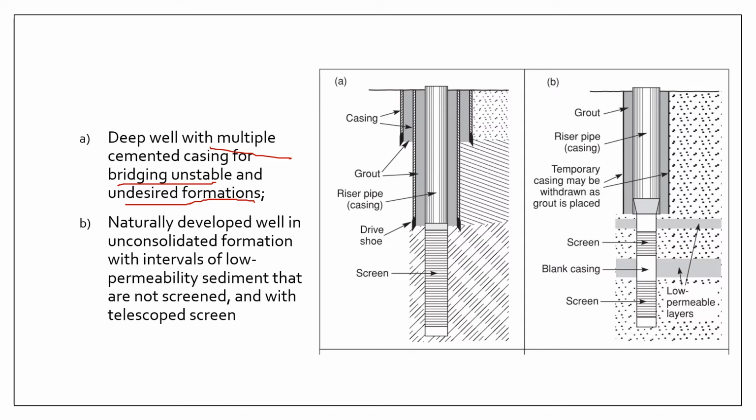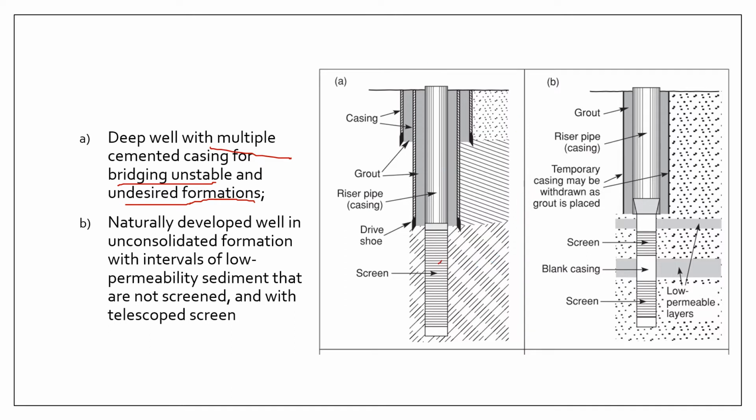So to show you, this part is your casing and your undesirable formations, and this lower part is your aquifer, and this is your screen. So your water is entering through the screen and is typically pumped out to the surface.